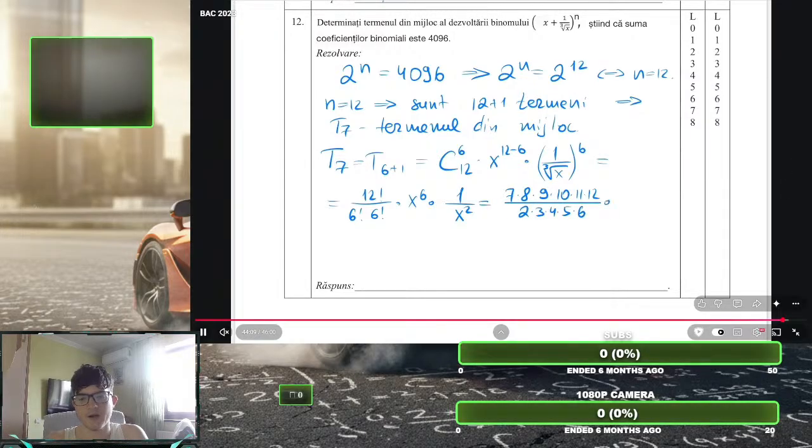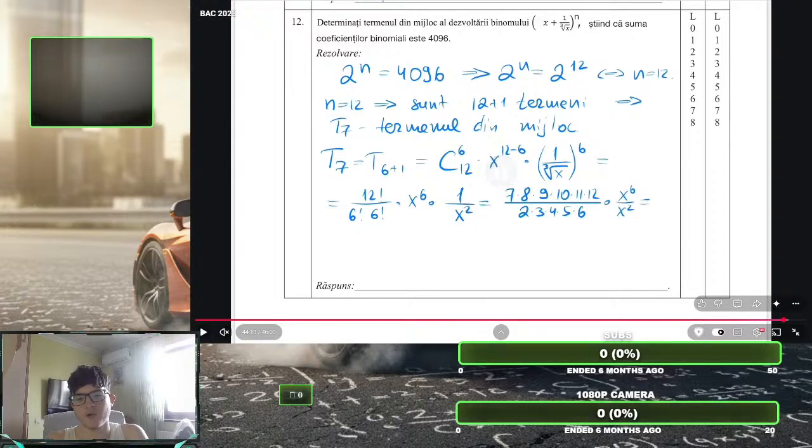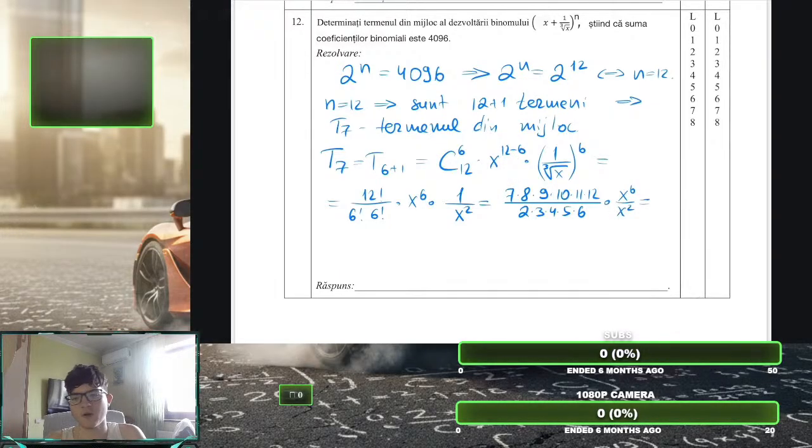So we simplify and multiply accordingly. We can write it as x divided by 2, so in terms of power it's going to be x to the power 4 right there, and we just need to calculate that and write down till the end. T7 is equal to what we get right here.